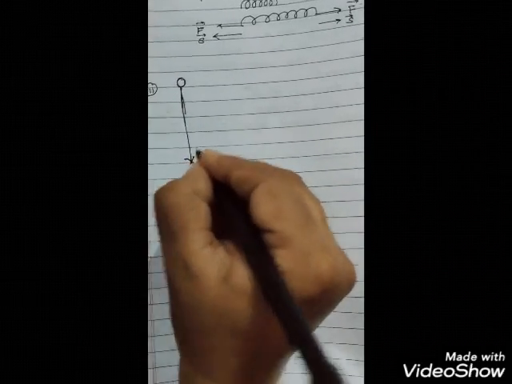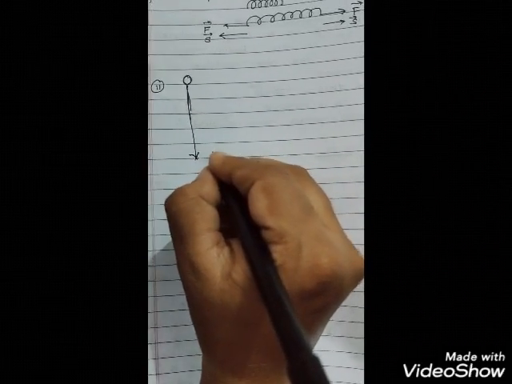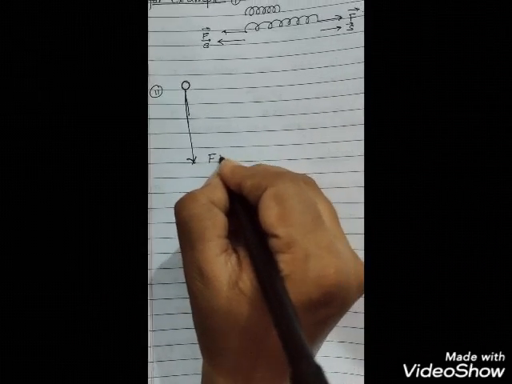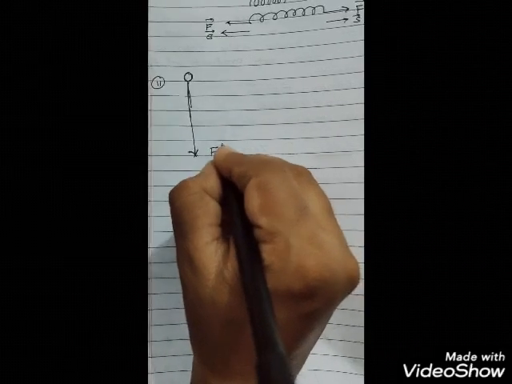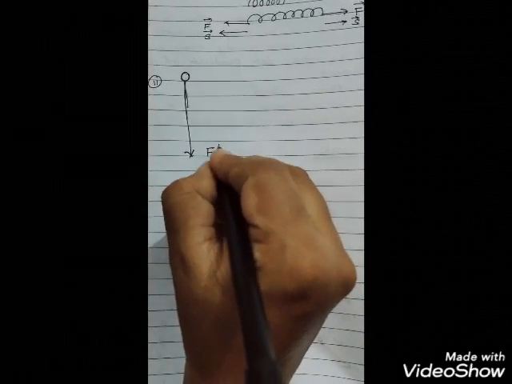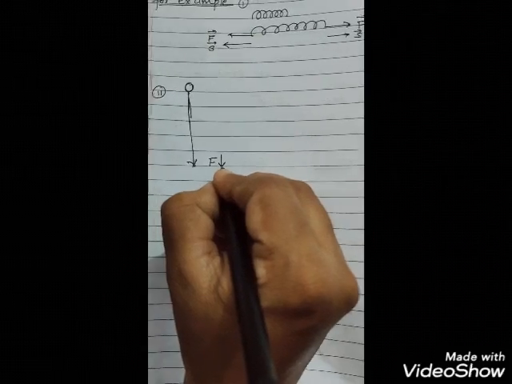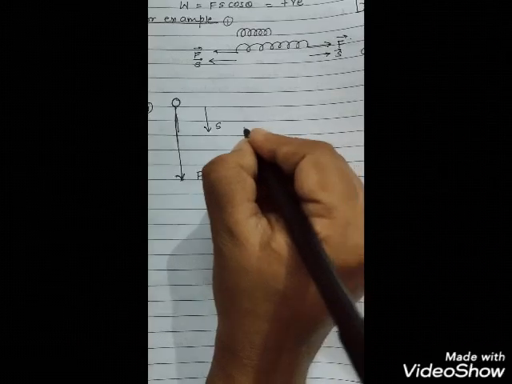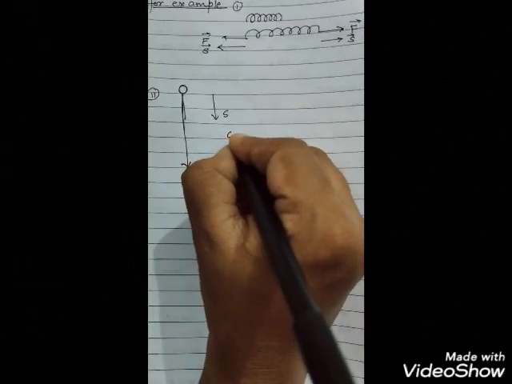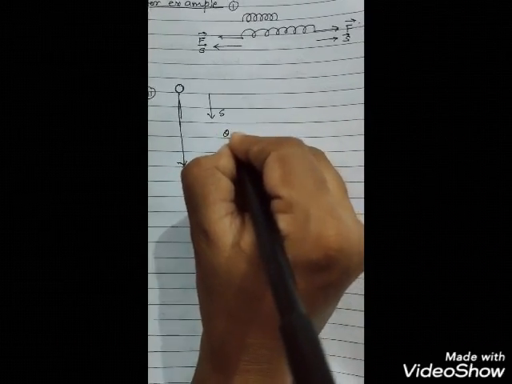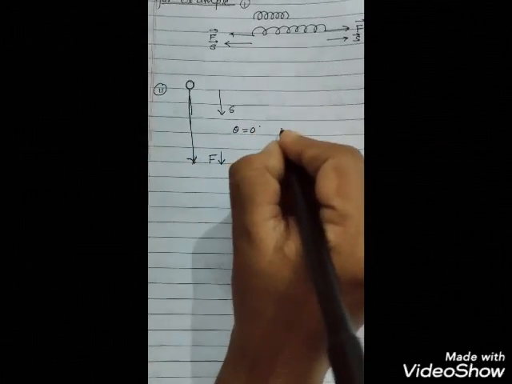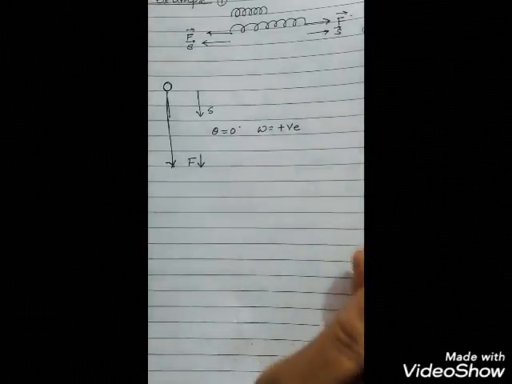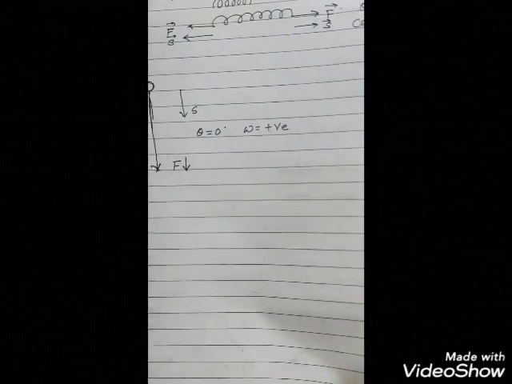The force working here is the gravitational force, and its direction is toward the center of the earth, that means downward in this direction, and the displacement is also in this direction. The angle between this displacement and the force is 0, and so the work done is positive. So these are examples of positive work.